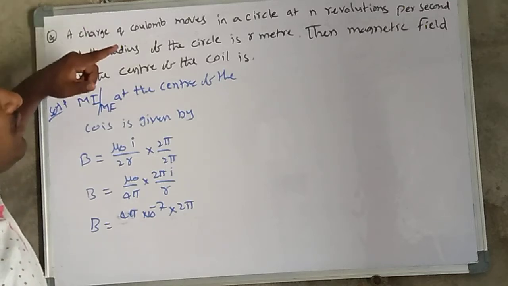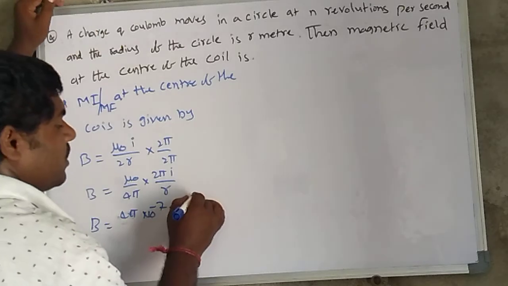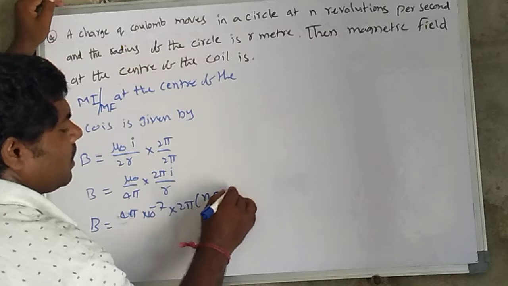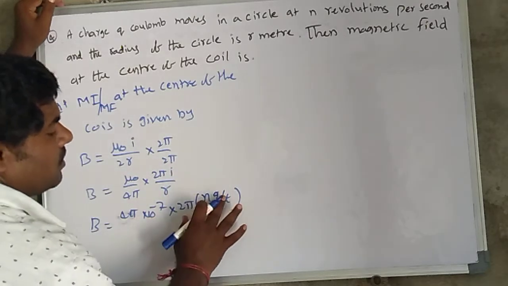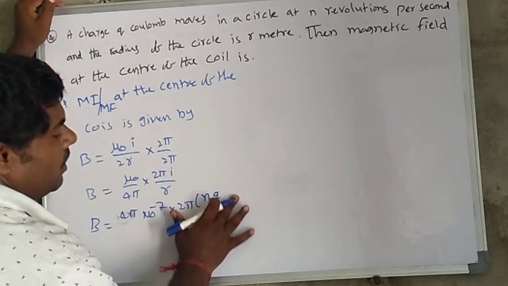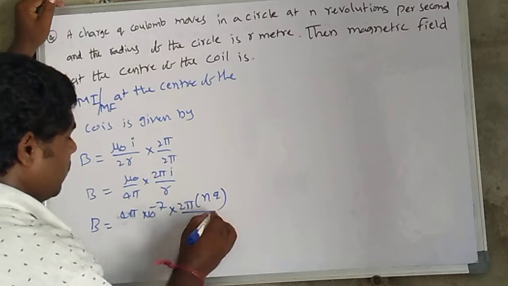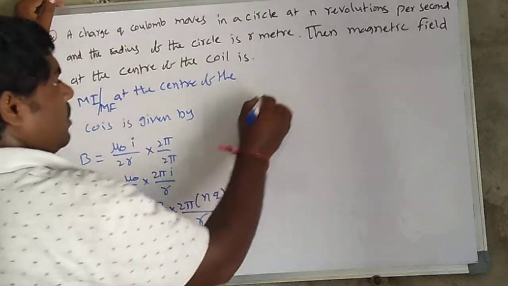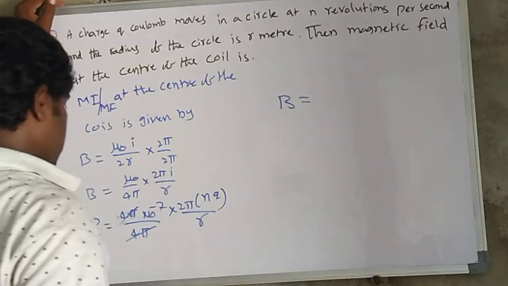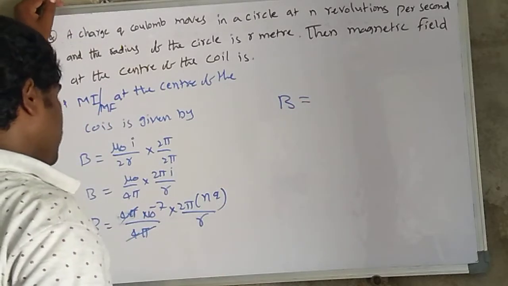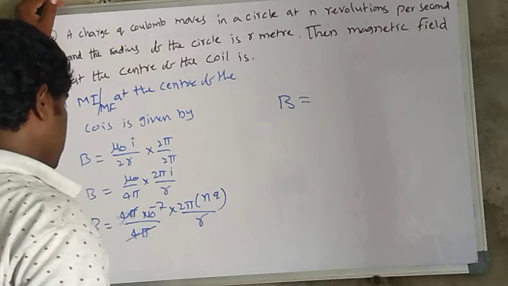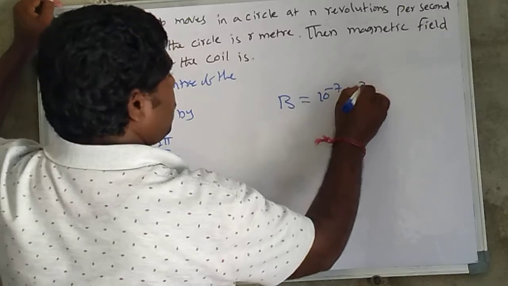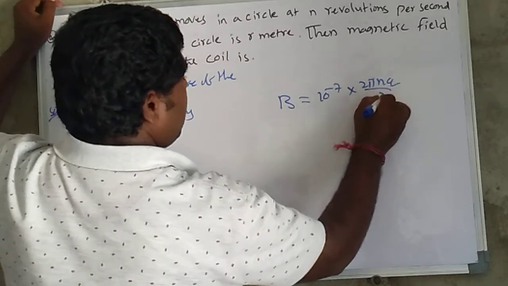Here q with n revolutions per second gives I equal to n into q. So B is n q divided by r divided by 4 pi, and the 4 pi cancels. The magnetic field at the center of the coil is 10 to the power of minus 7 into 2 pi nq divided by r.